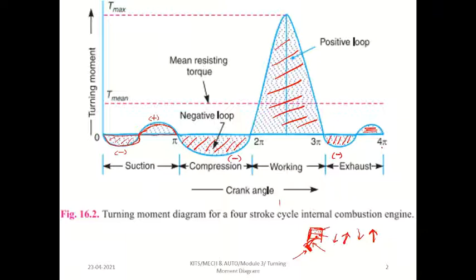So this is the energy diagram, or turning moment diagram. This line is called T mean.